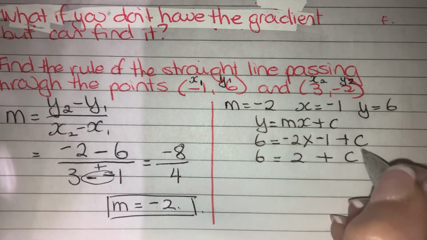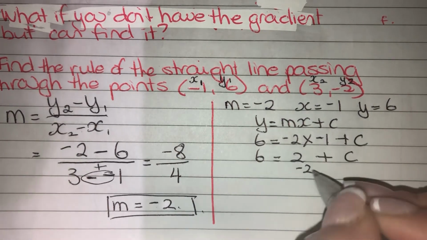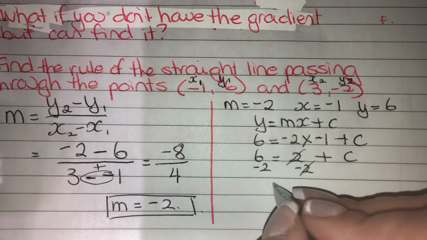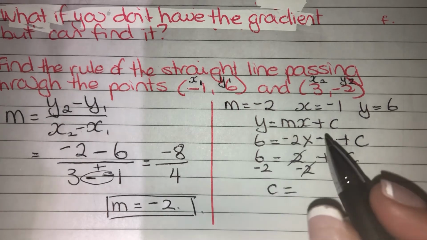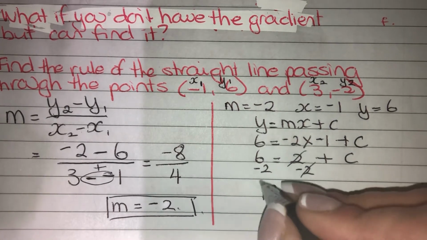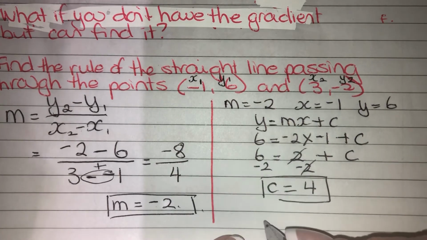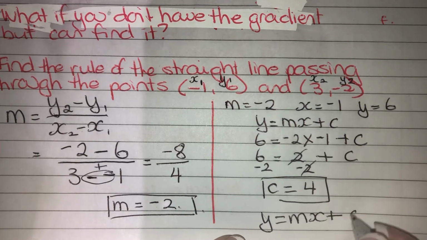How do I get c by itself? I've got to get rid of this 2. The 2's just sitting there, so we might have to take it away from both sides. They're going to go. I've got c equals, by itself, 6 minus 2 is now 4. So I have m equals negative 2, c equals 4. I put that into mx plus c.